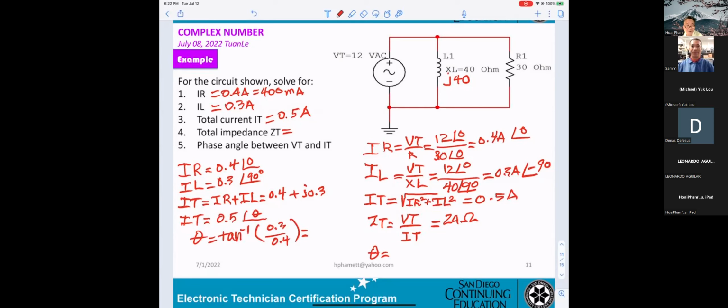Okay, that will be correct. So the phase, basically, will be minus 36.8 degrees.